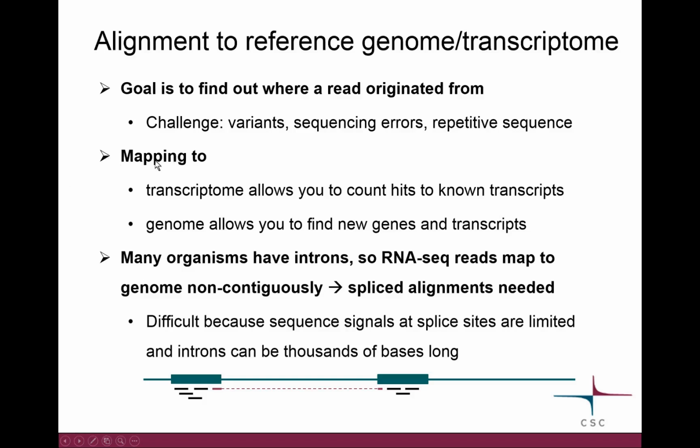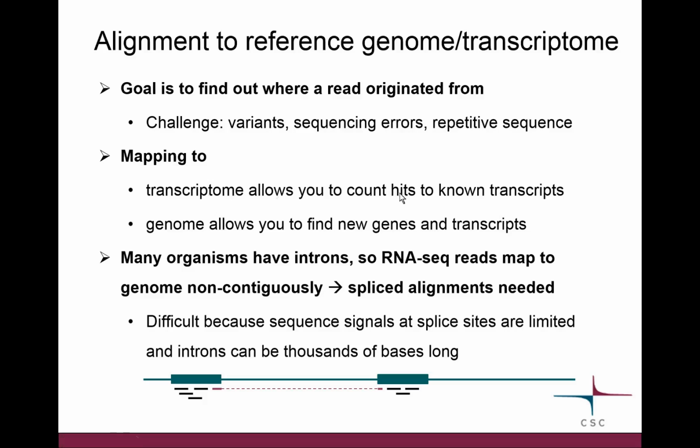Right, and maybe one more point here is that we are aligning to the genome, and that's what people usually do if you have a genome available. The good thing is that it allows you to find new genes and transcripts. And it's also in some ways actually easier than mapping reads just to the transcriptome.